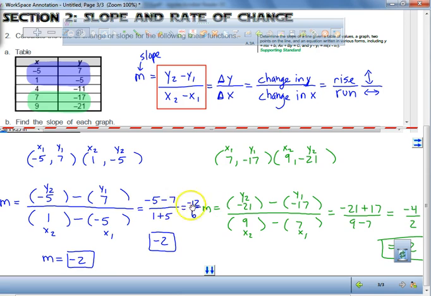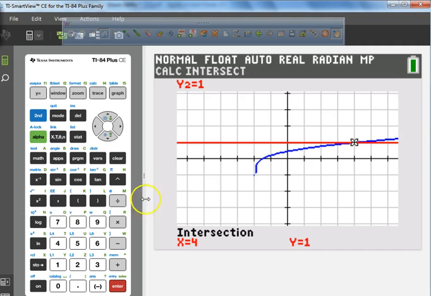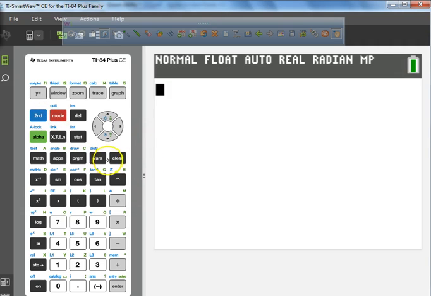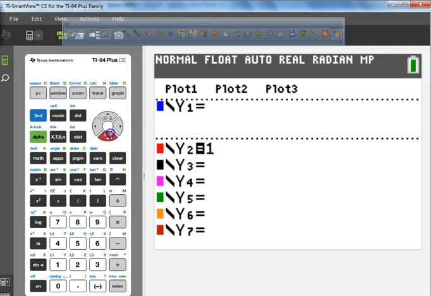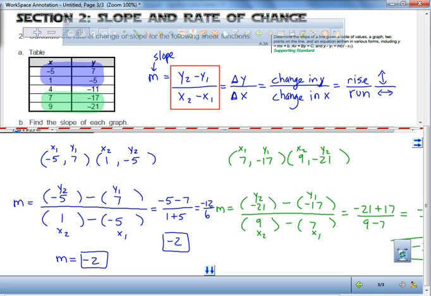Now, you guys are like, you know what? I can't do all this in my head. Let me show you how you can do it in the calculator. Go to the calculator. Let me get out of my Tree Cal. All right. So everybody hit alpha y equals enter. I'm going to open up a fraction. I'm going to look at my ordered pairs. I said -5 minus a 7, right?